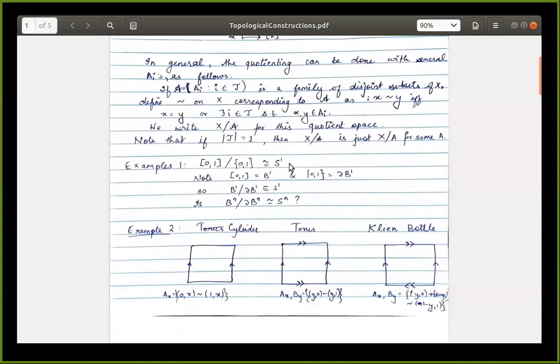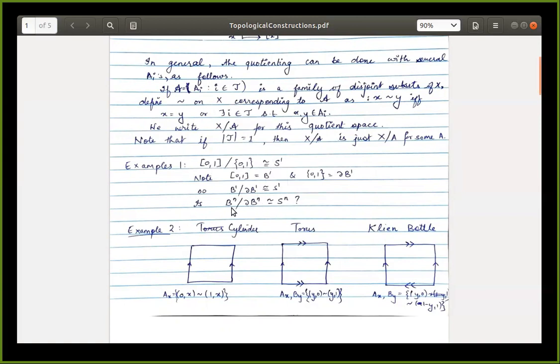So you get an S^1, right? Further, putting it in notation, [0,1] is the same as B^1, and the 2-point set {0,1} is its boundary. So this S^1 is nothing but B^1 modulo the boundary of B^1.